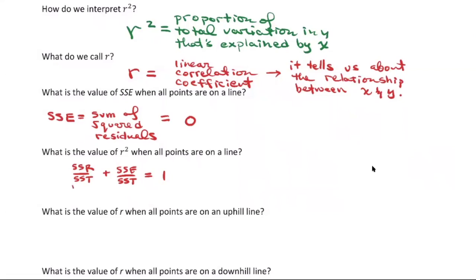SSR over SST we determined was r squared. And we've decided when the points are on the line, then SSE is 0. So this thing is going to be 0. So what's the value of r squared when all the points are on a line?